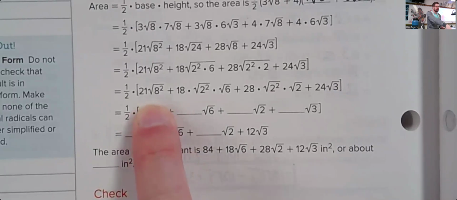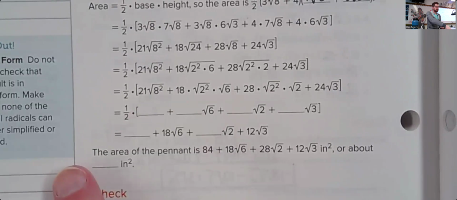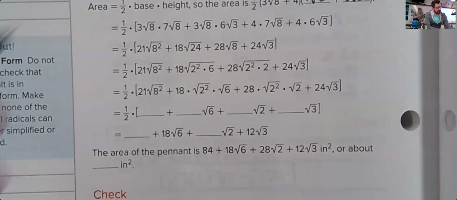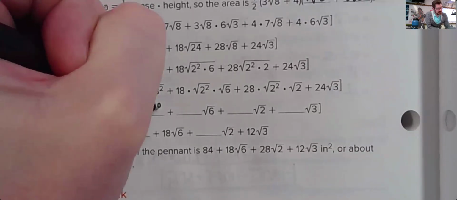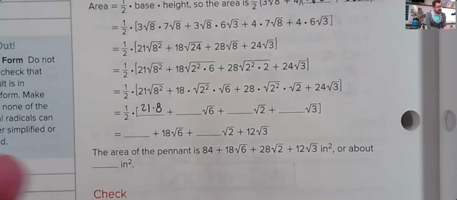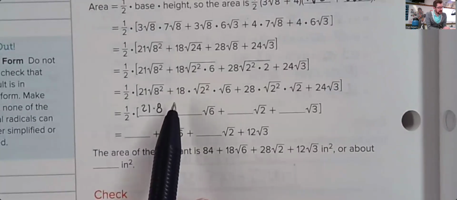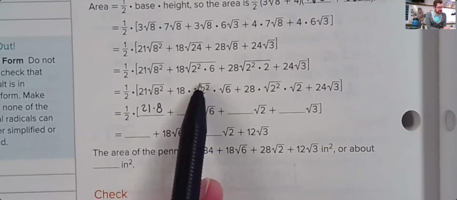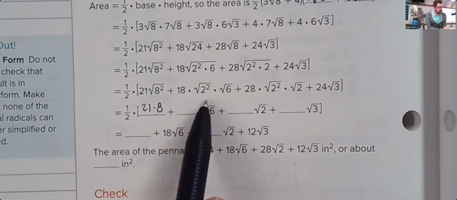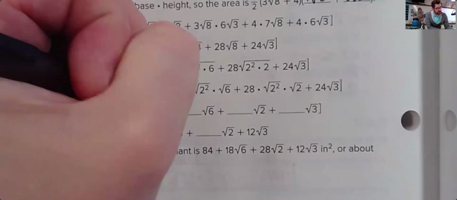What's the square root of 8 squared? 8. Okay. So this will be 21 times 8. Next. Plus, what's the square root of 2 squared? 2.